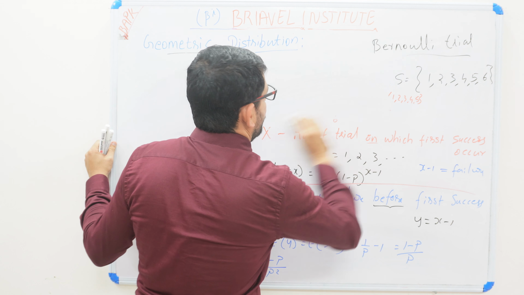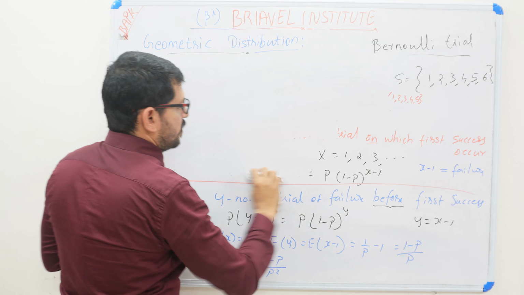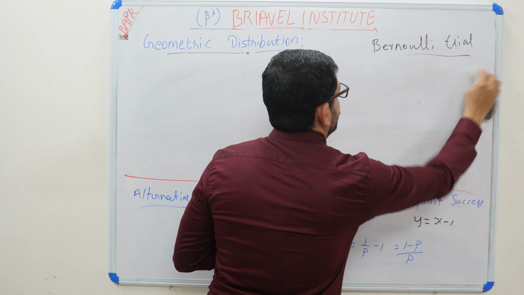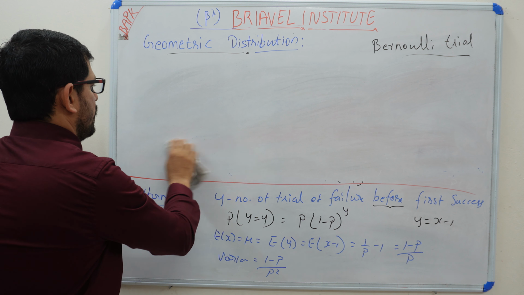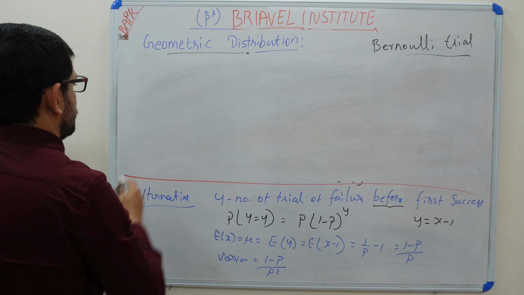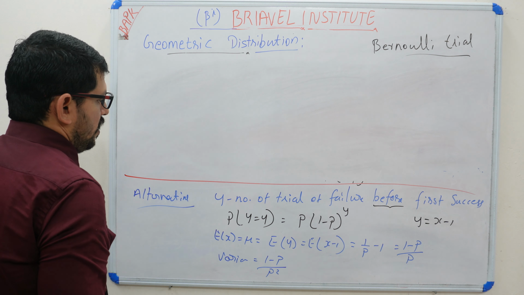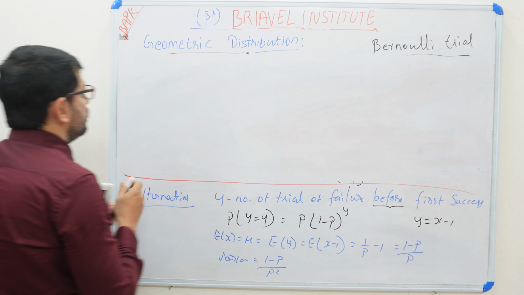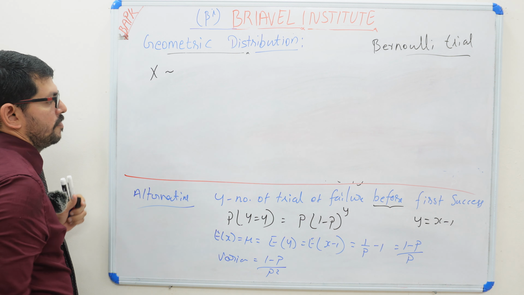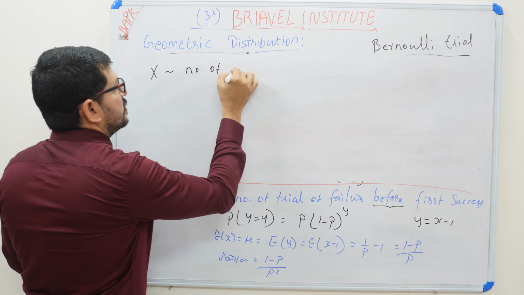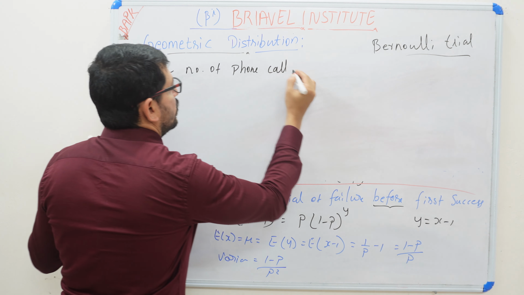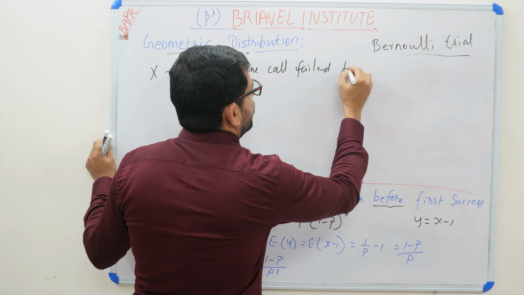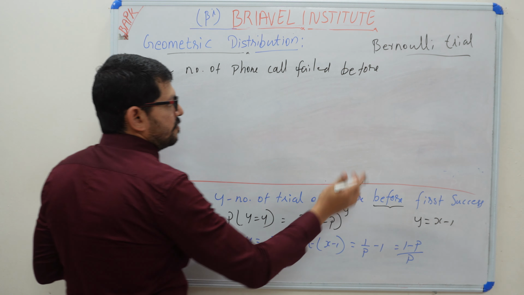In a call center, so many people are sitting and calling other people. And what will be my success? I am defining S as my success. I am defining my random variable X as the number of phone calls failed before the first success.